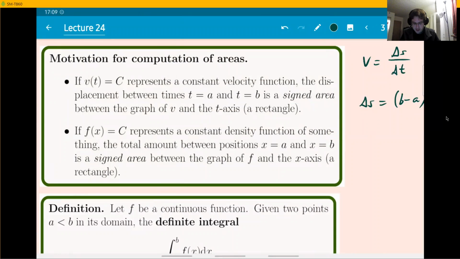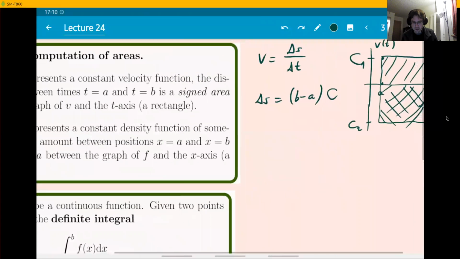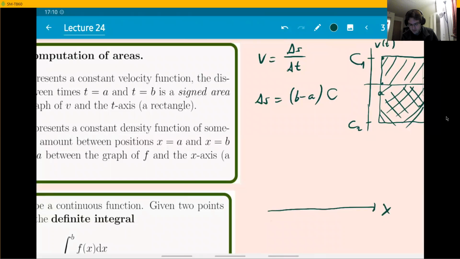And another example where that happens is maybe you have a function f, also constant let's say, representing a density function of something over a line. Let's say, for example, you have a distribution of electrons on a line. And once again, x now represents position along that line.